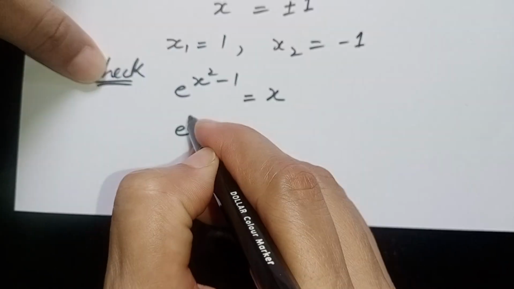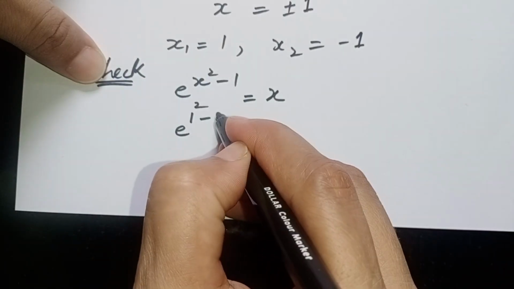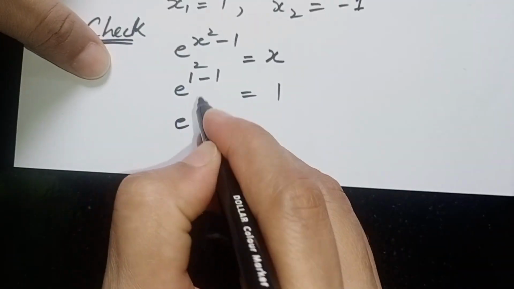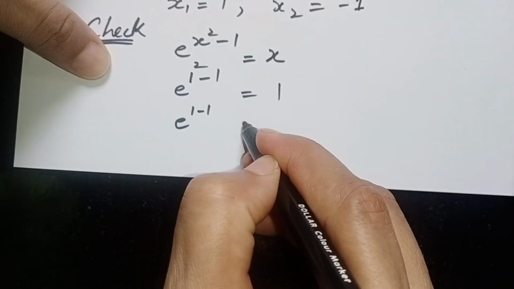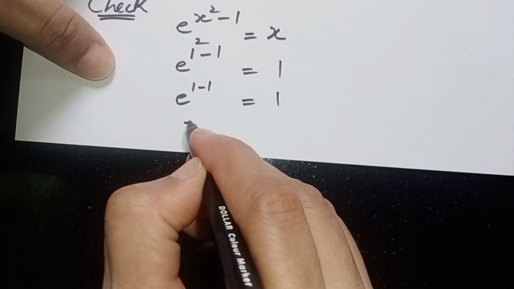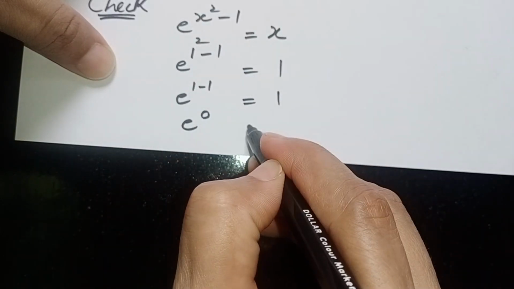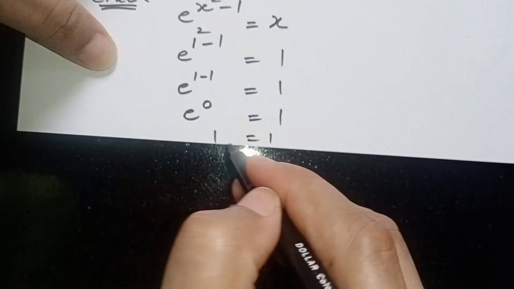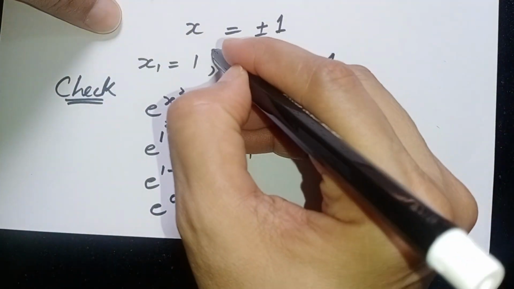We have e^(1²−1) is equal to 1. So 1 squared is 1, minus 1 is 0, e^0 is equal to 1. So 1 is equal to 1. Both are 1, so this value is okay.